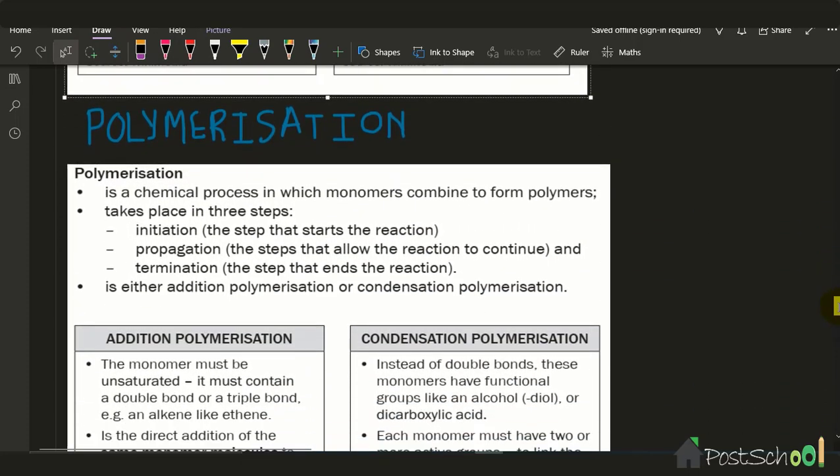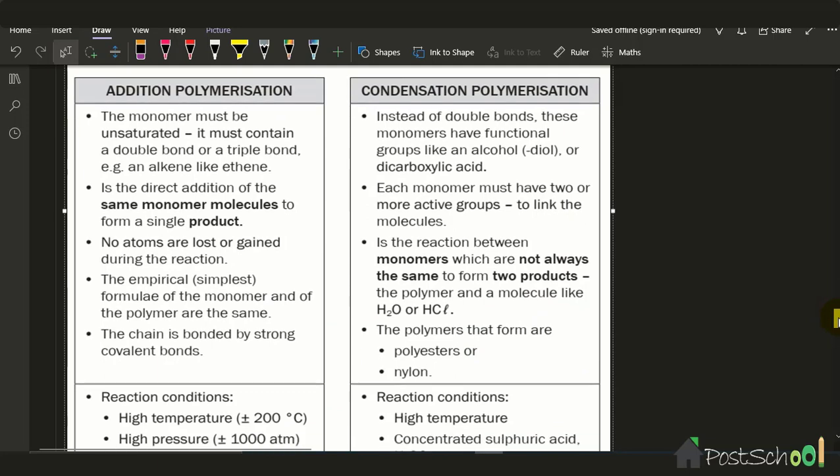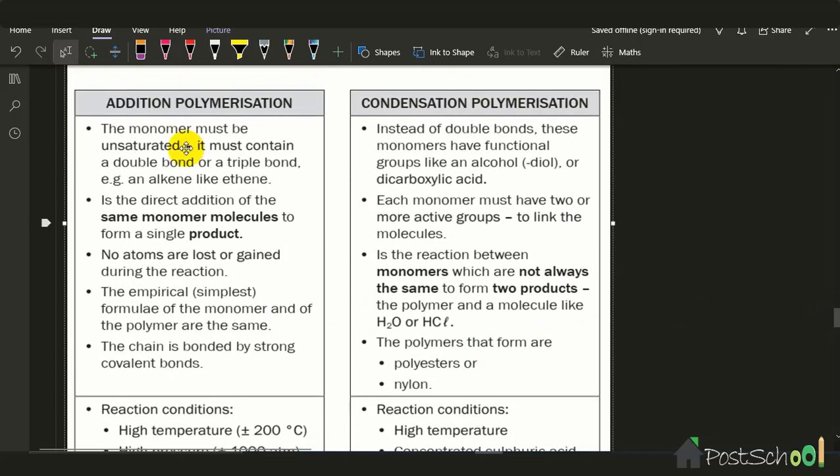Then the important thing is polymerization. What is polymerization? It is a chemical process in which monomers combine to form polymers. It takes place in 3 steps: initiation, propagation and termination. It is either addition or condensation polymerization. You must know the definitions of addition or condensation polymerization. In addition polymerization, the monomer must be unsaturated.